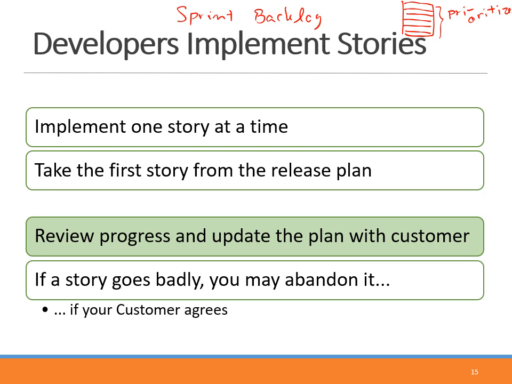Okay, so one story should be chosen at a time. So suppose we choose this one. A developer implements one story at a time. Don't do multitasking, okay? And try to complete the first story from the plan, from the backlog.